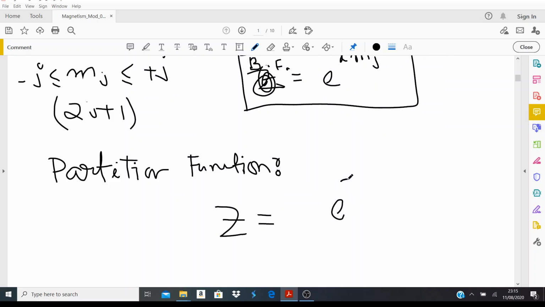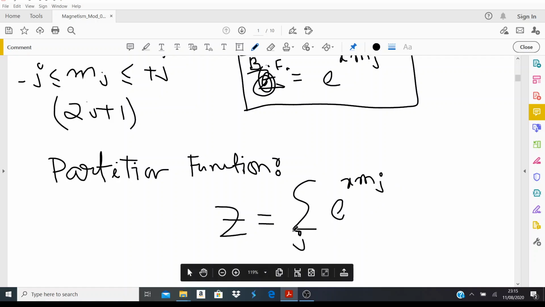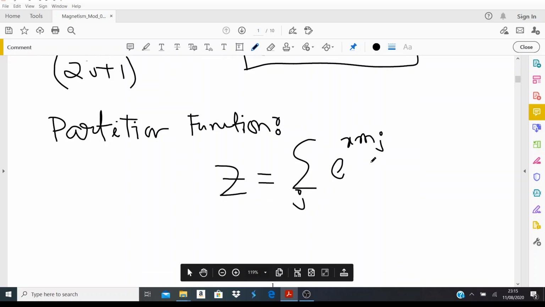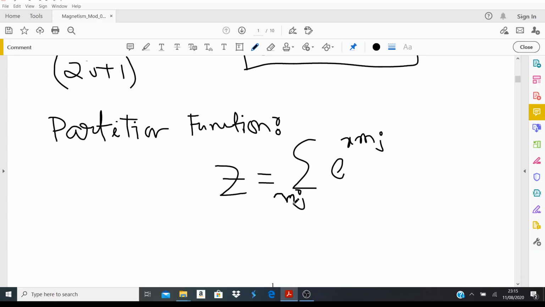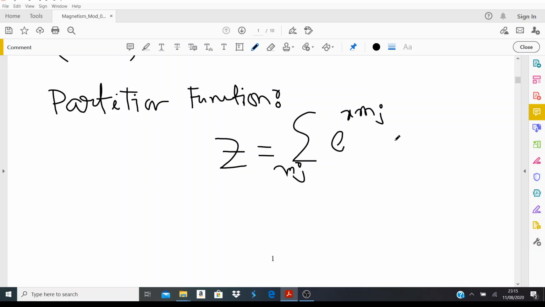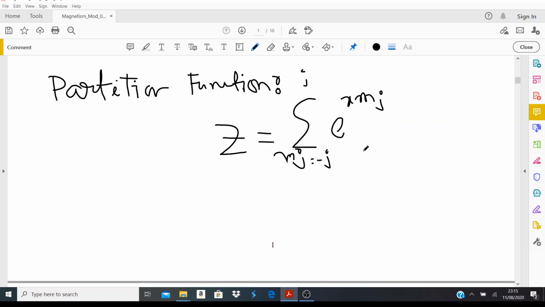So this is our Boltzmann factors of the system, and we will be summing over all the possible mj, right? Because mj has different values, so we are summing over the index mj. Now mj runs from, you remember, minus j to plus j. So that's our partition function, and we need this partition function for calculating different things.